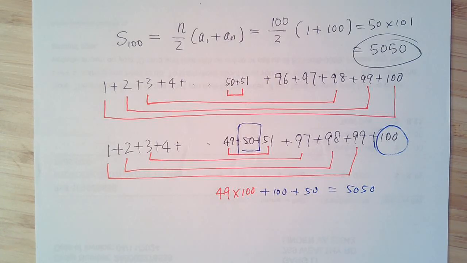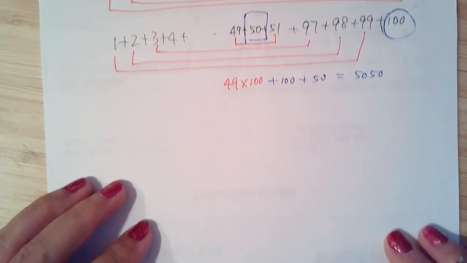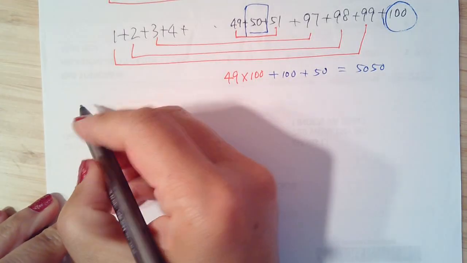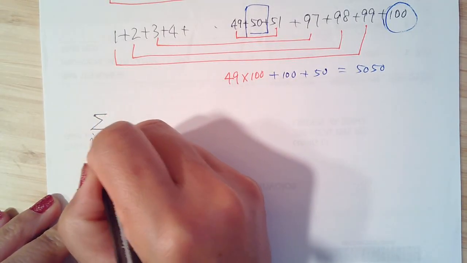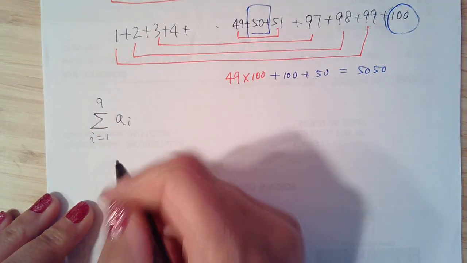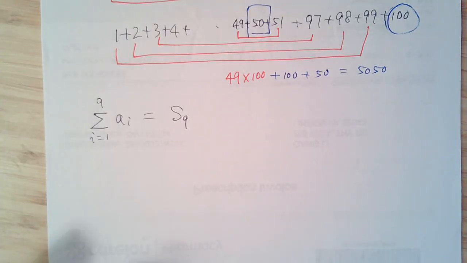All right. Now let me give you another example, the last one. Can you find the sum of the first 9 terms of the arithmetic sequence that looks like this? I need to get the first 9 terms, which is the sum of ai for i equals 1 to 9, or you write S9, the first 9 terms.